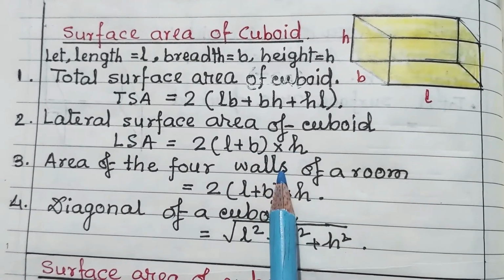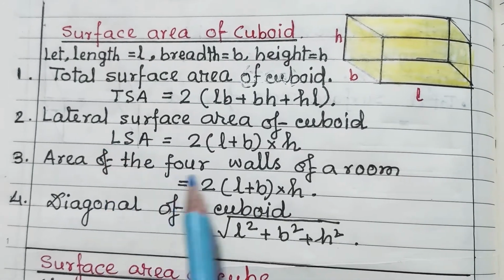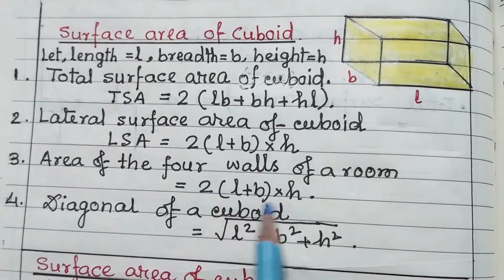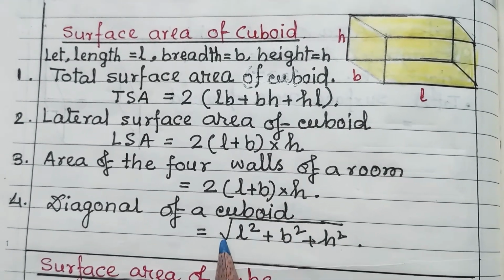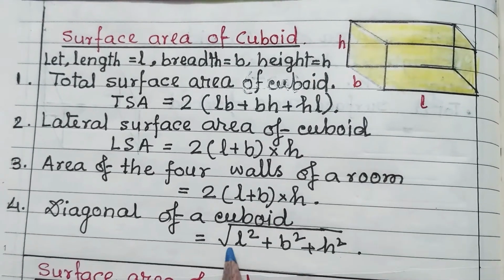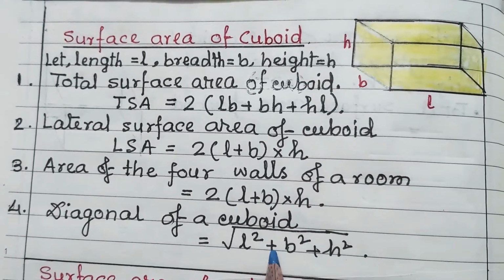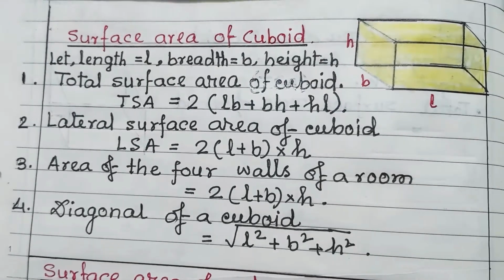You can write it as the lateral surface area. The diagonal of the cuboid is under root L square plus B square plus H square, that is length square plus breadth square plus height square.